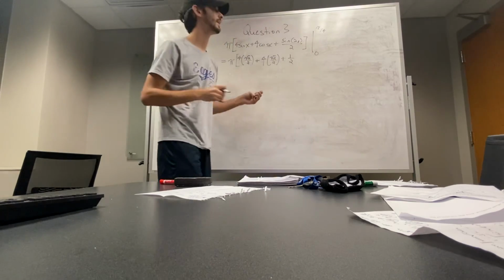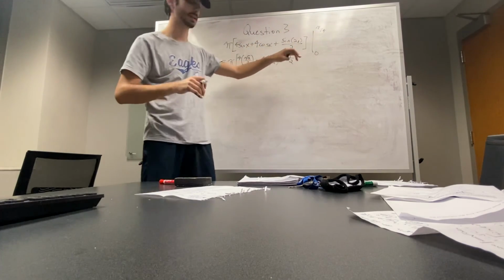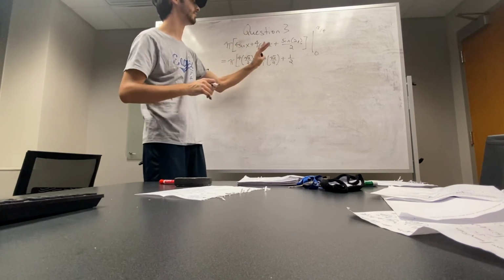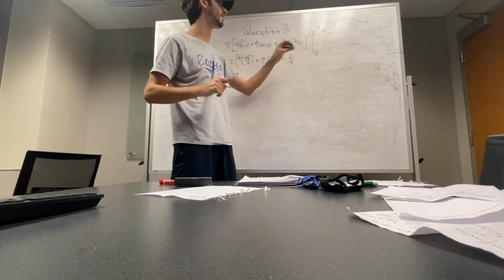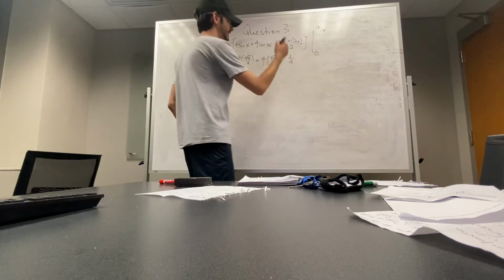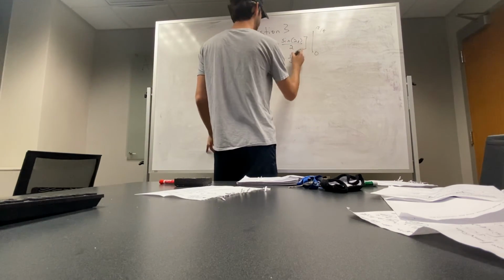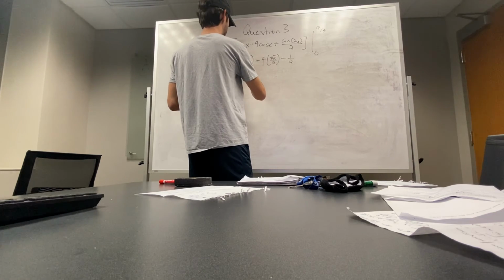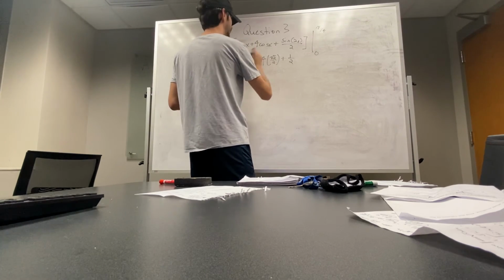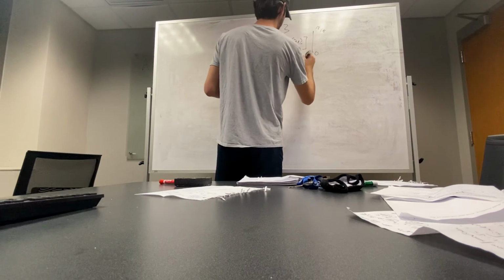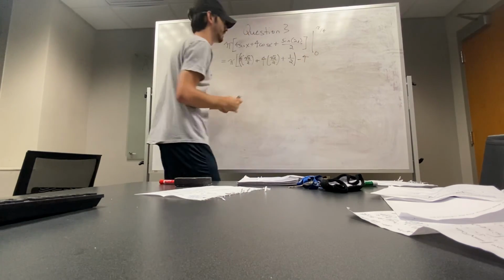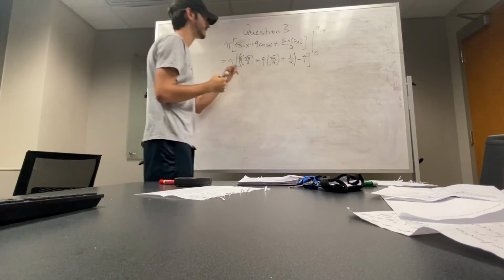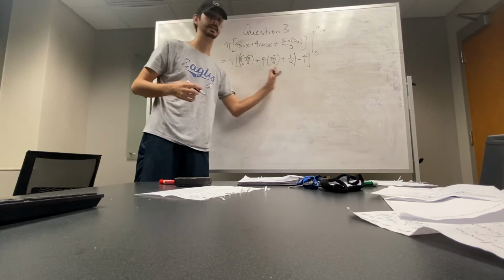And this is all for pi over 4, because when we plug in 0, the only thing that's going to come out nonzero is minus 4. So we put bigger parentheses, minus 4. There we go. And now that we've plugged in our values, we just need to simplify the problem.